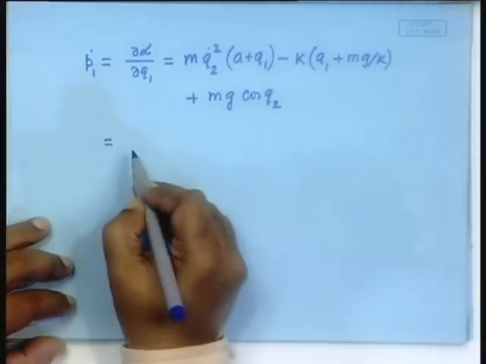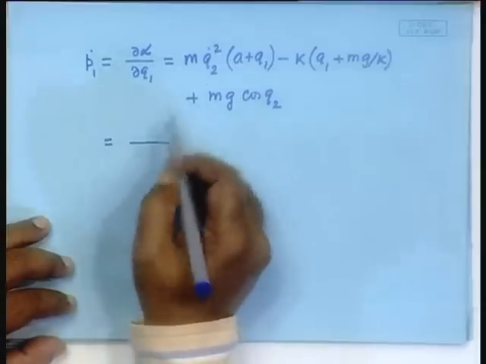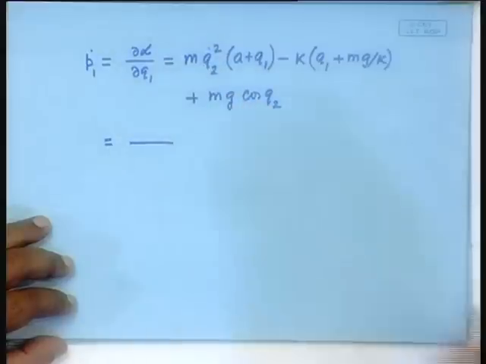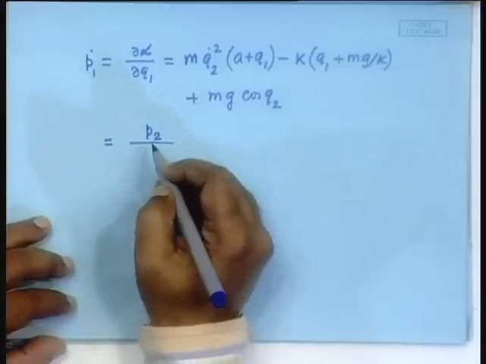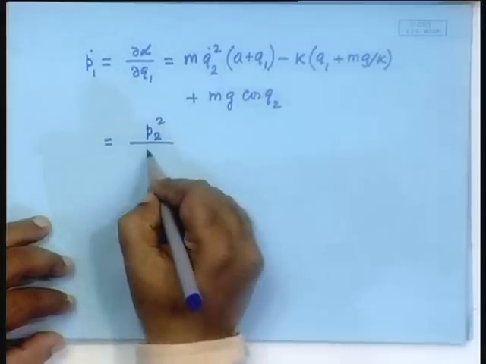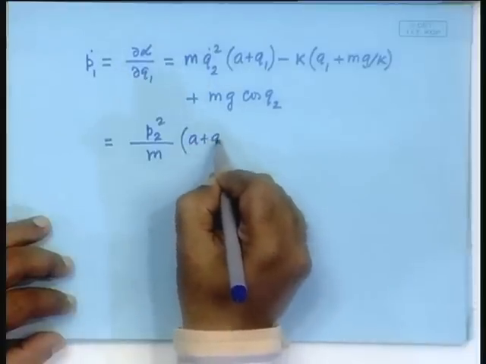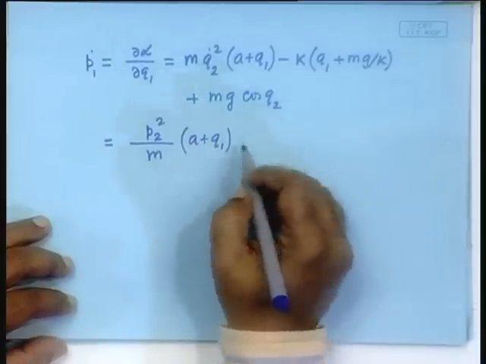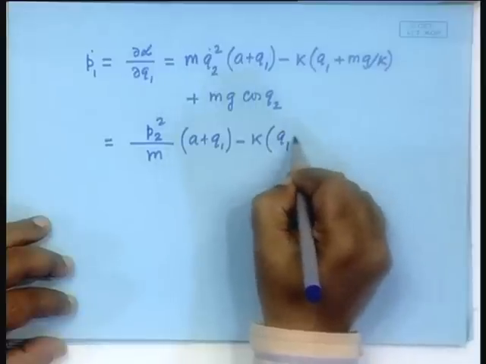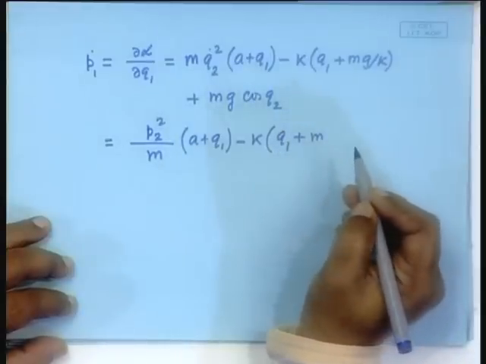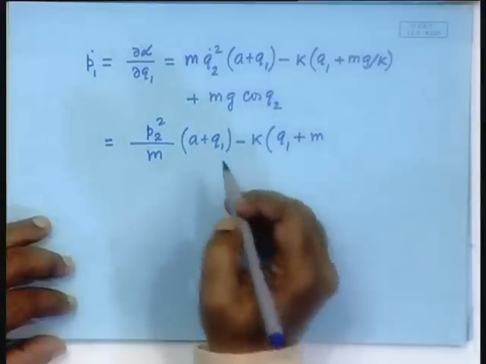So, it will be, this q_2 dot is p_2 by m (a plus q_1) square. So, m will cancel off, it is p_2 square here by m, and then it will continue, a plus q_1 minus k, all these other terms are without dots.